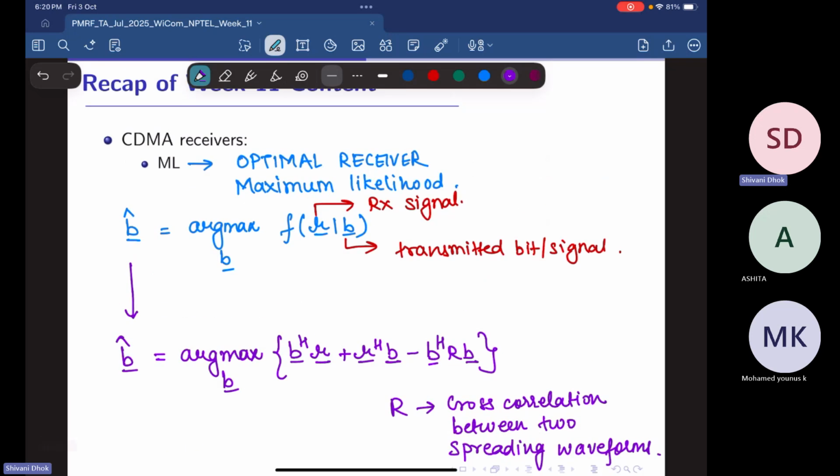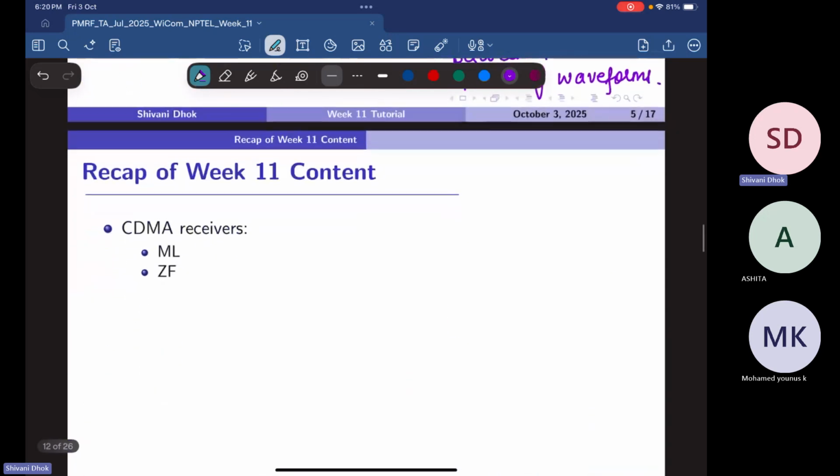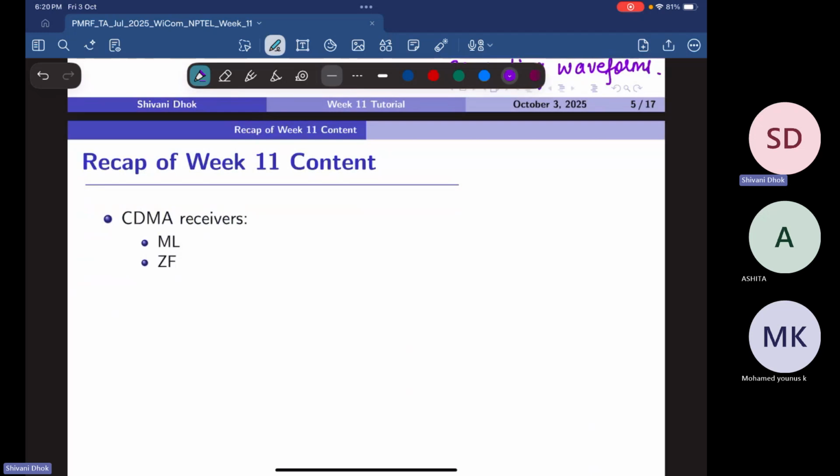And B and r are k cross 1 dimensional vectors, where k is your number of users. So this is the optimal receiver, and its computational complexity increases exponentially with the constellation size as well as the number of users. So we said, let's not have this ML receiver, but try to construct a suboptimal receiver that gives performance comparable to the optimal receiver.